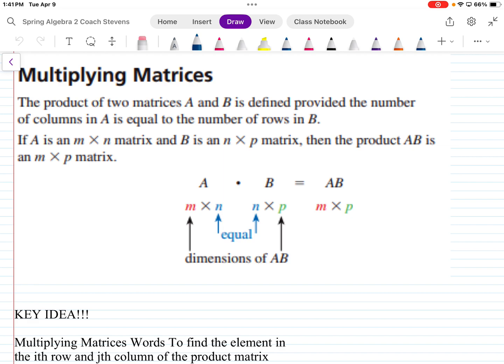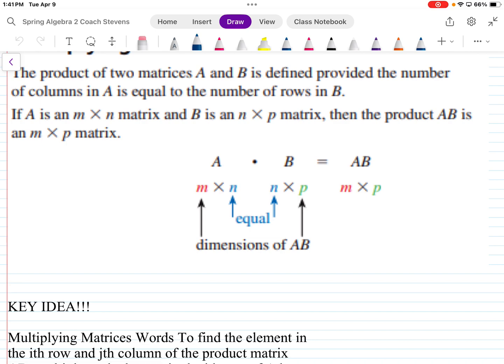And so in order to multiply matrices together, the number of columns in the first matrix has to match the number of rows in the second matrix. We're going to learn about some of the properties, associative and commutative, in a little bit.